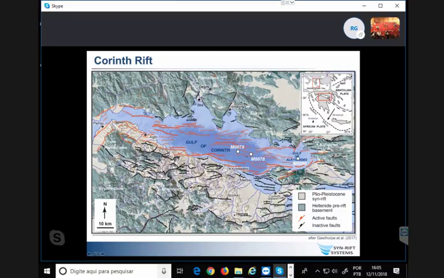And in the modern Gulf, the basin floor in the central part of the Gulf gets down to minus 800 meters below present day sea level. The red faults are the faults that have been active over about the last 700,000 years, and the black lines represent faults that were active in the older parts, going back to about 5 million years ago.